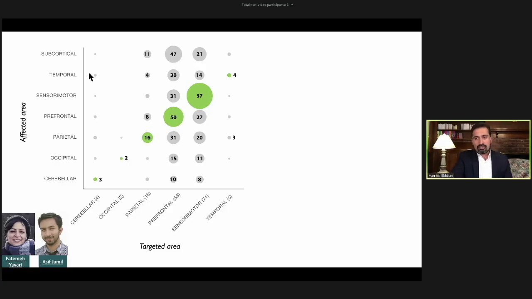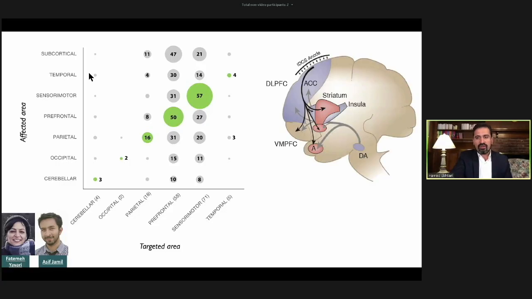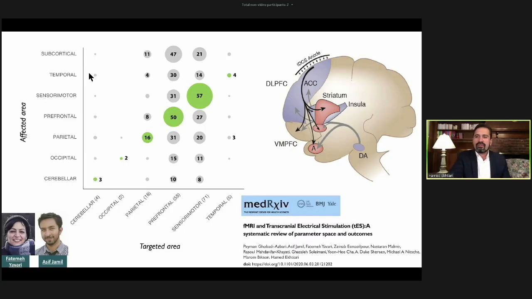That makes things really interesting, because when we talk about prefrontal brain stimulation, we are also talking about modulating subcortical areas based on their connectivity with these areas. Those interested in more details about the systematic review and its results can find it on medRxiv, where we have recently posted it.